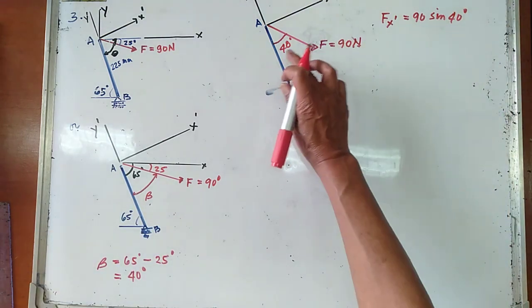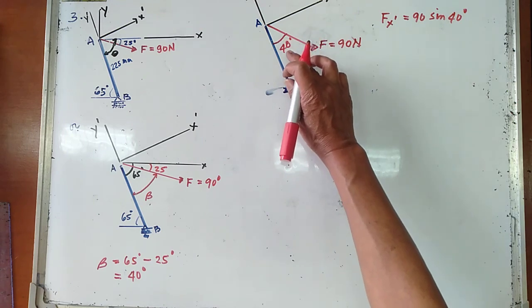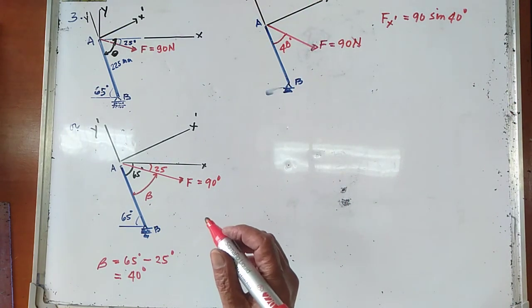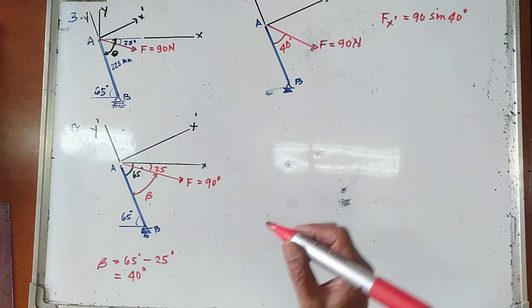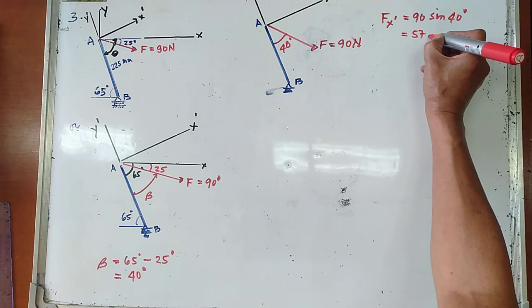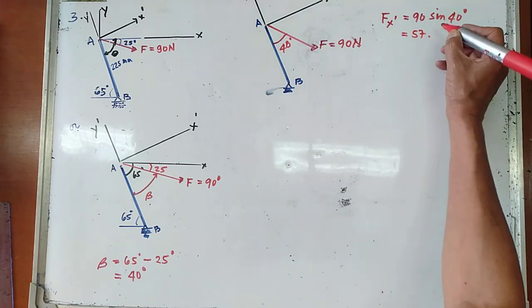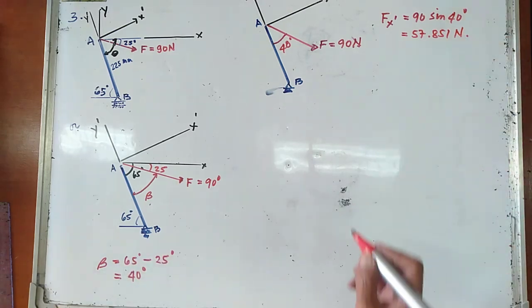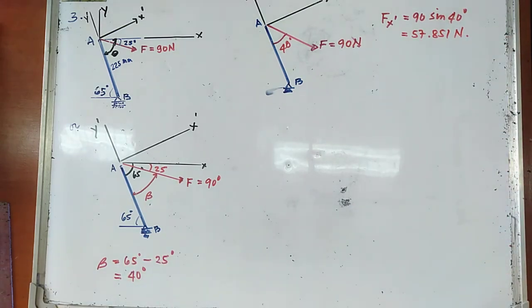We use sine because this 40 degrees is included in the y prime axis. This is equal to 57.851 newtons.